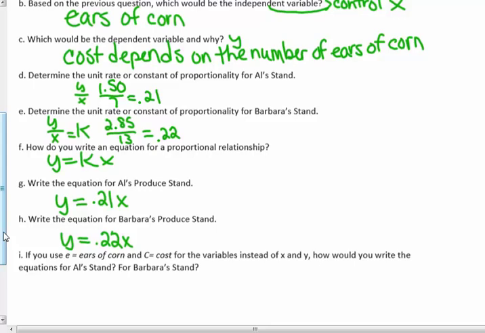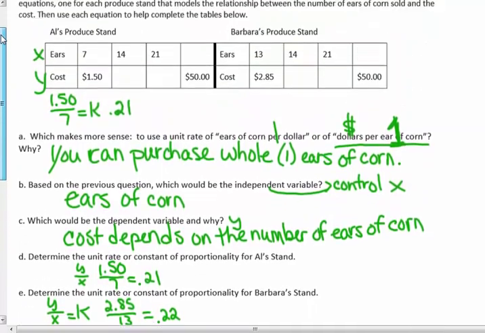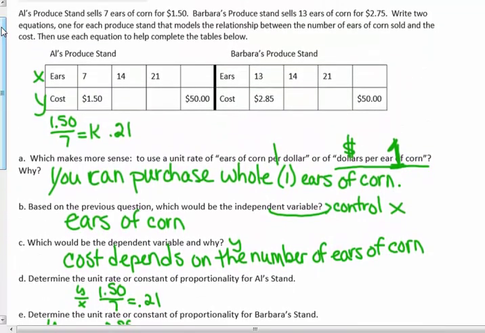So now we got to fill in the table. So every time I'm multiplying here by 21 cents. So 14 times 21 cents gives me $2.94. Multiplying 21 by 21 cents, I get $4.41. Uh-oh, this time they gave me y and I got to figure out x.